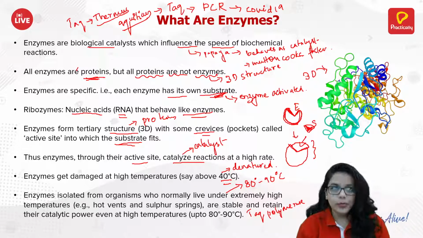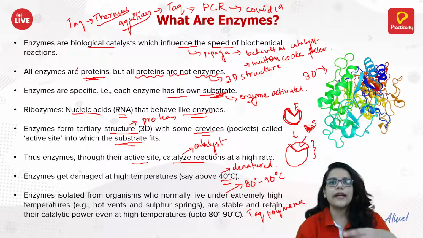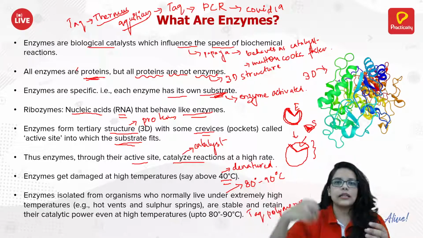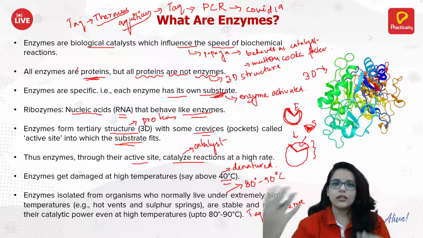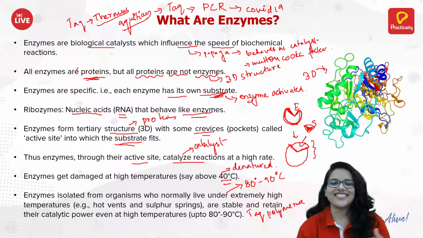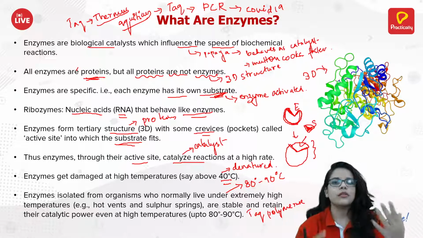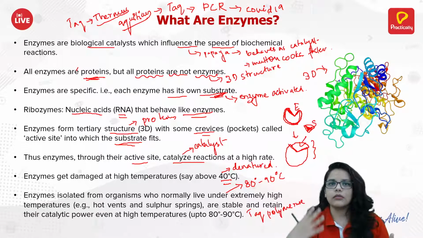Taq polymerase is one of the enzymes which is used in the reaction for PCR. PCR is a reaction where different DNAs come, and we'll learn about PCR more in the next classes. But PCR is something where we get small amounts of DNA and make it into a bigger chain so as to diagnose all kinds of infections such as COVID-19.